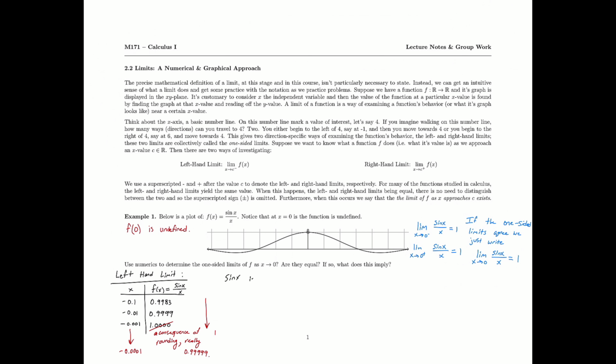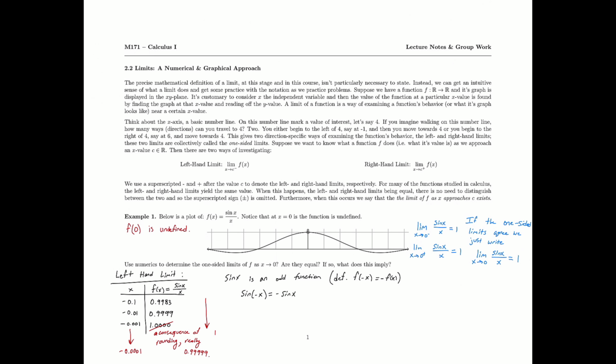So for instance, sine is an odd function. Remember, what does it mean to be an odd function? The definition of an odd function is that f of negative x equals negative f of x. So this means sine of negative x is equal to negative sine of x.